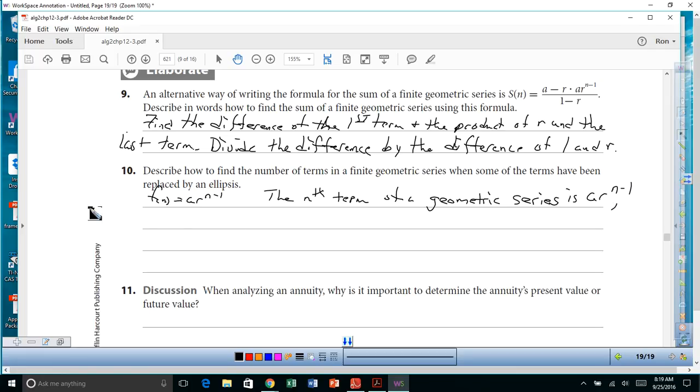Set this equal to the last term, and solve for n.